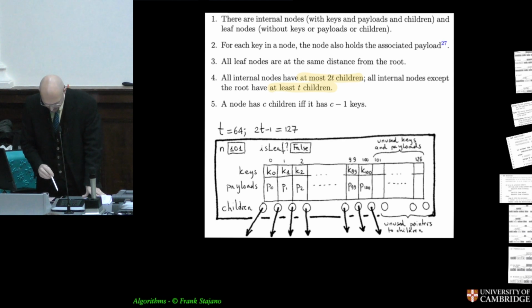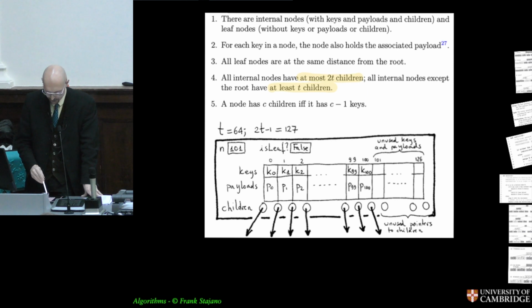So these are your keys. And there's space in the nodes for as many keys as are necessary to separate 2t children. So in this case, t is 64, 2t is 128, so I need 127 keys to separate the 128 possible children, which are numbered from 0 to 127, the keys.